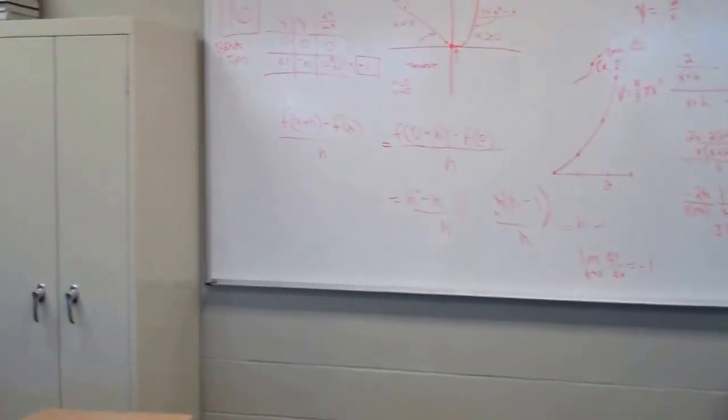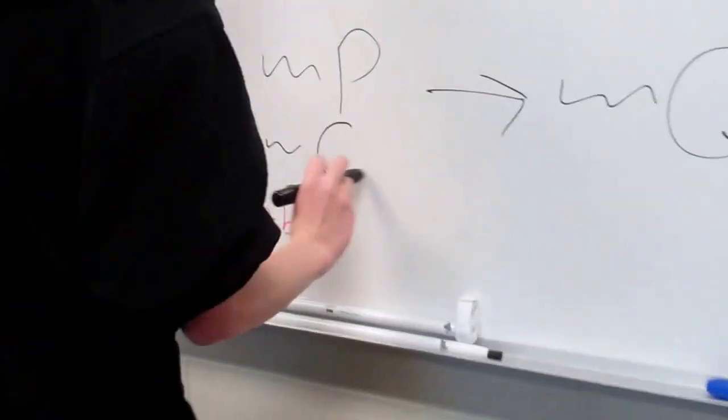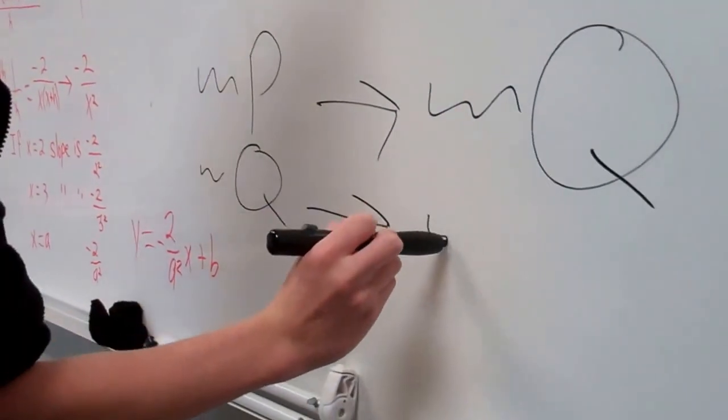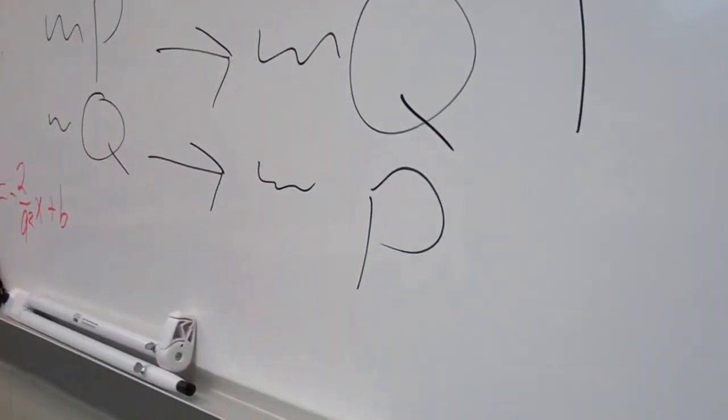Help him with what to write. Squiggle Q, arrow, squiggle P. You think it's true, Cole? Yep. Put another true there.